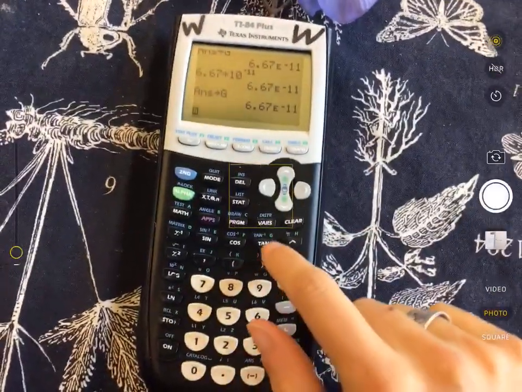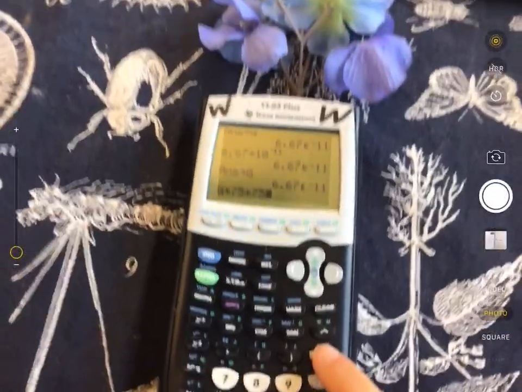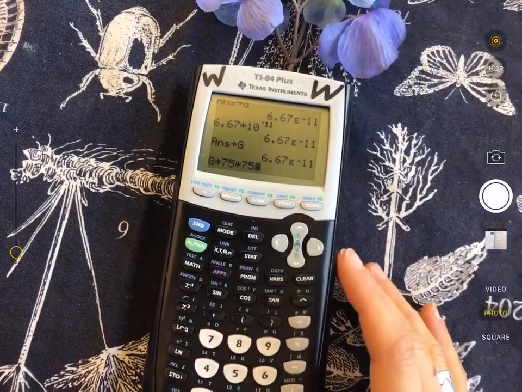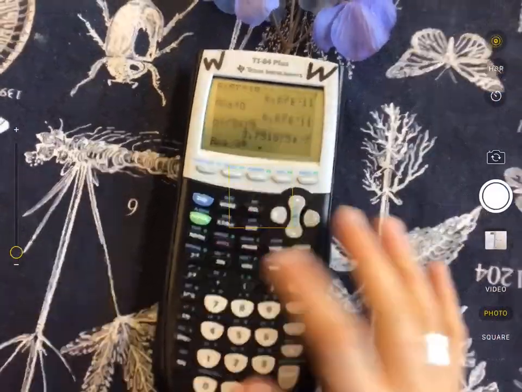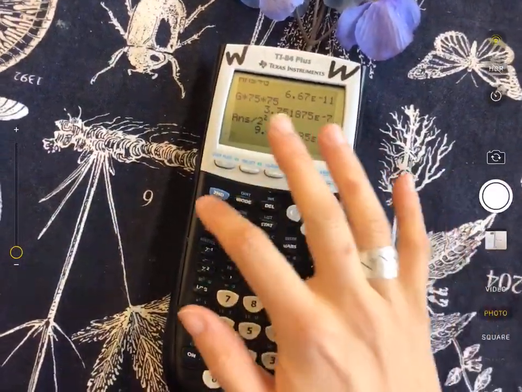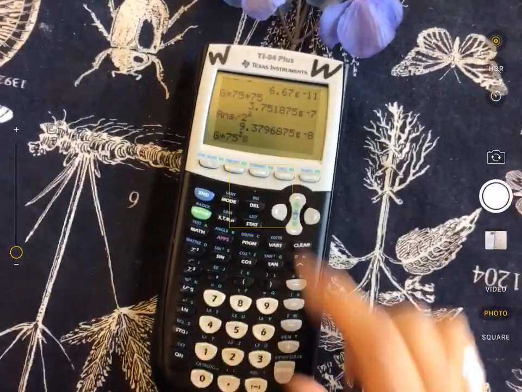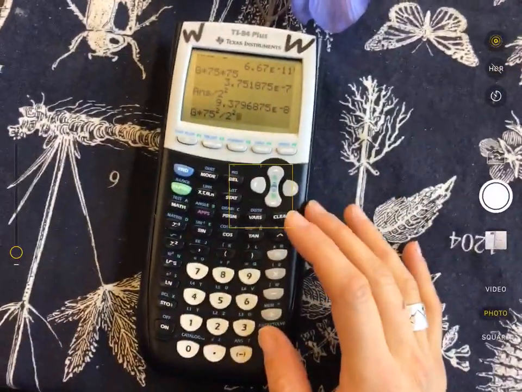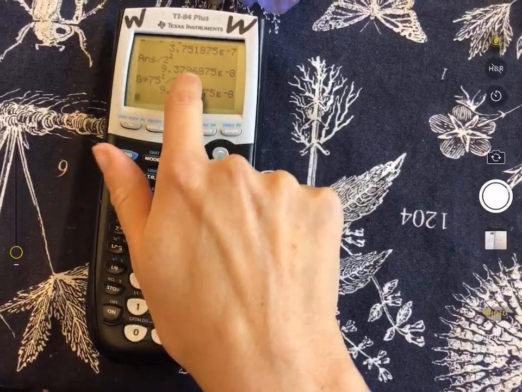So alpha G times 75 divided by 2 squared. Now you can see there's other ways to write this. I could do the 75 squared because there's 2 of them, and I don't need to press enter. I could just do it in one step, same answer.